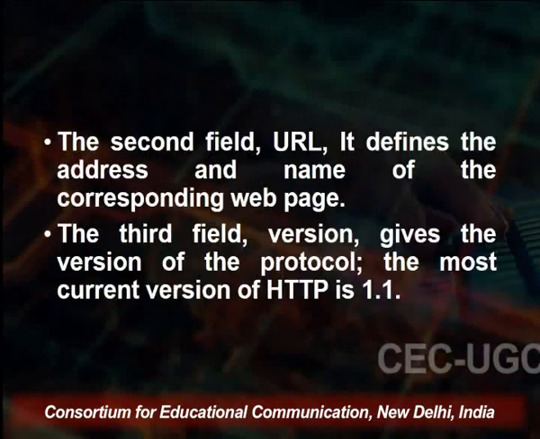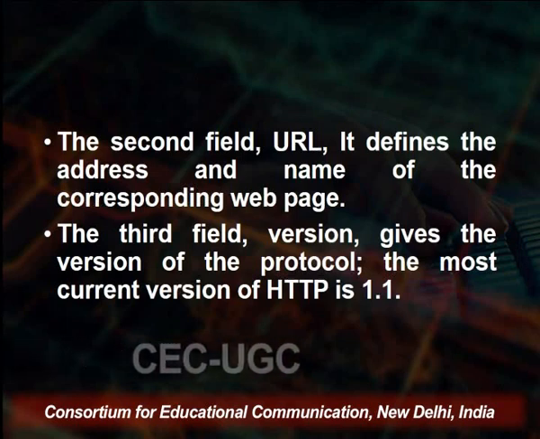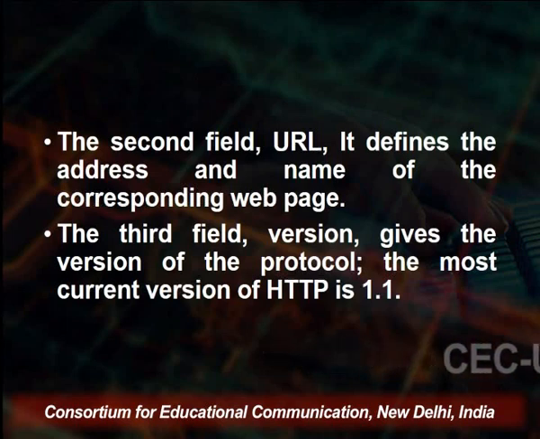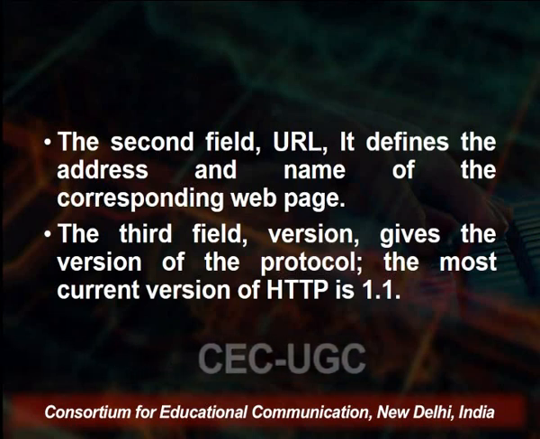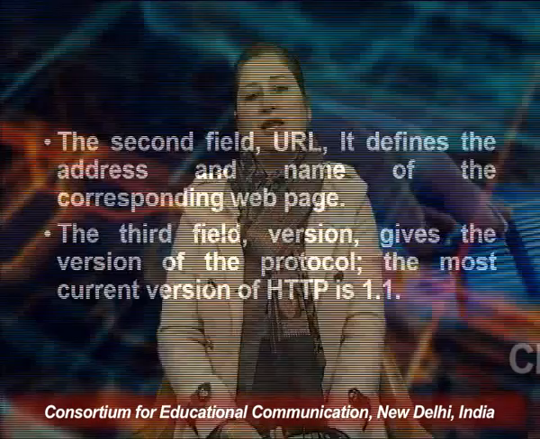The second field is the URL, which defines the address and the name of the corresponding web page. Whatever web page is being requested, that URL goes in the URL field. The third field is the version, which is the current version of HTTP, version 1.1.